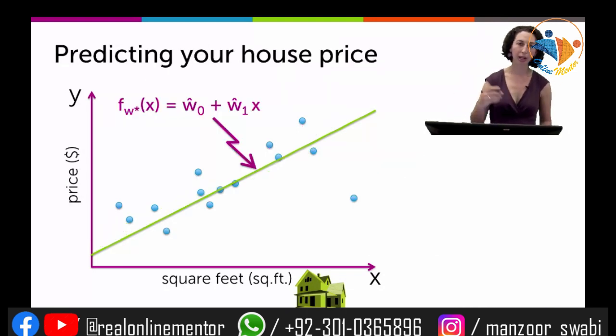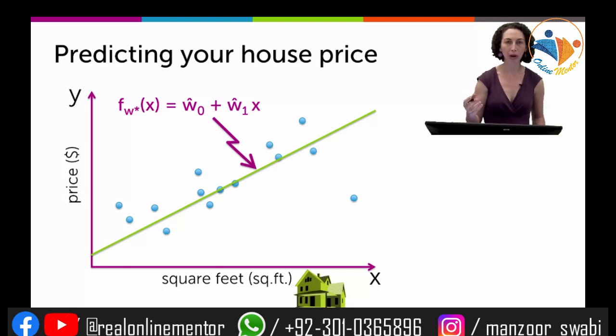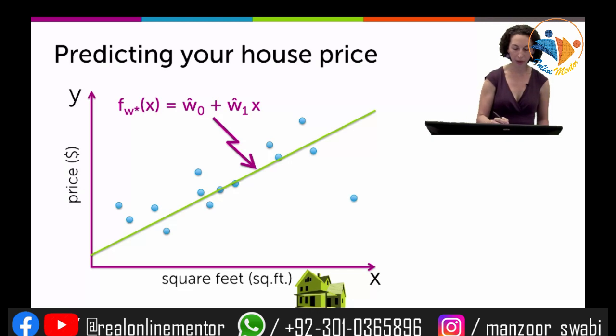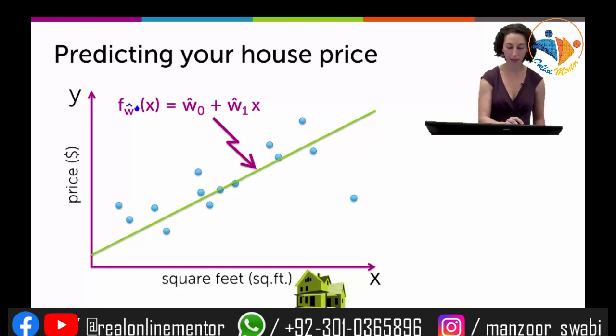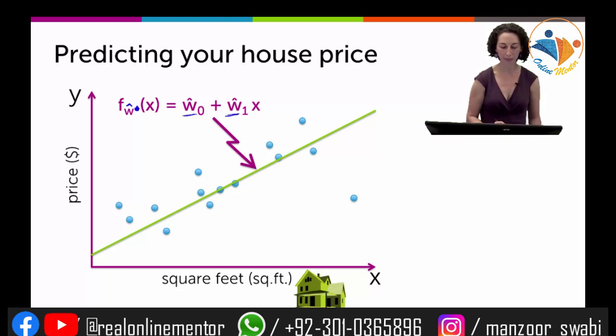Okay, so now let's talk about how to take our estimated model parameters and use them to predict the value of my house. So I've gone through, sorry, this star shouldn't be there. This should be a hat, just to be clear. And I've gone through and plotted the line associated with our estimated W0 hat and W1 hat.